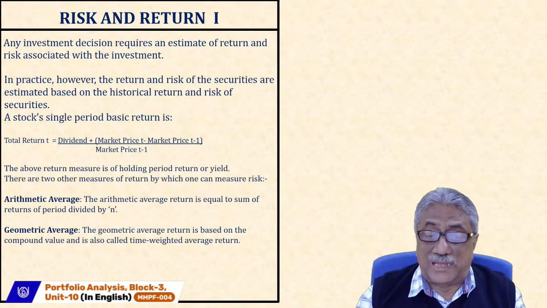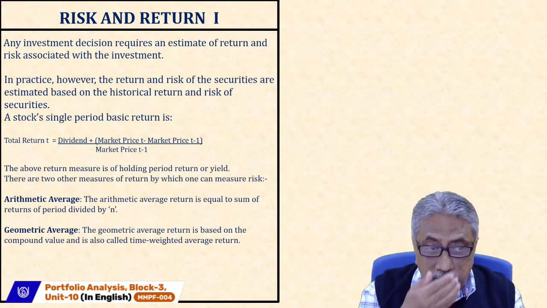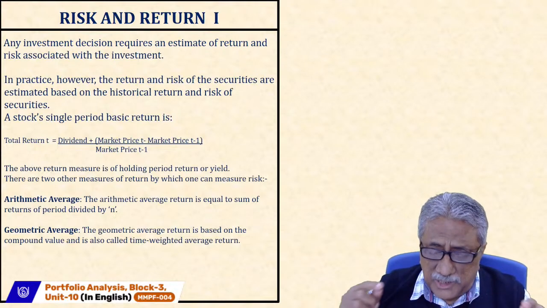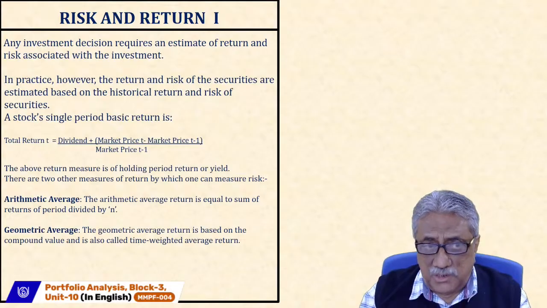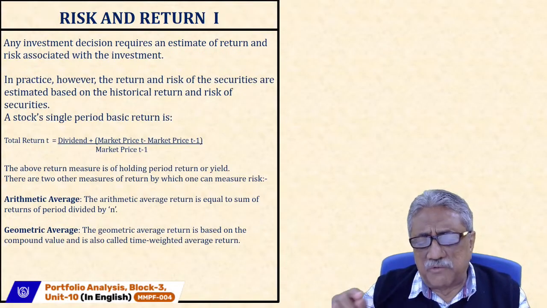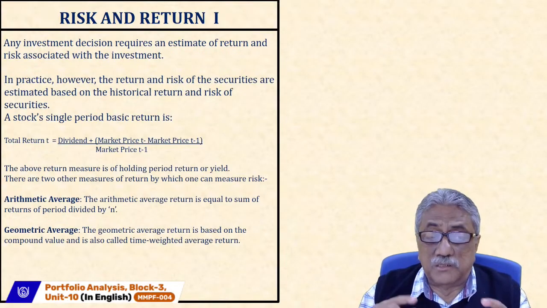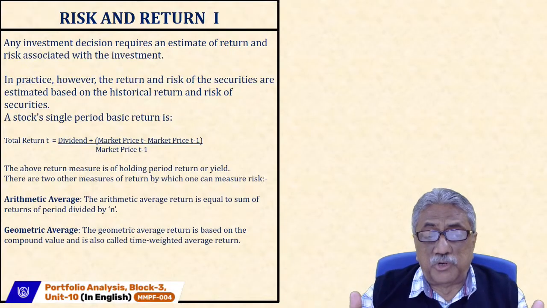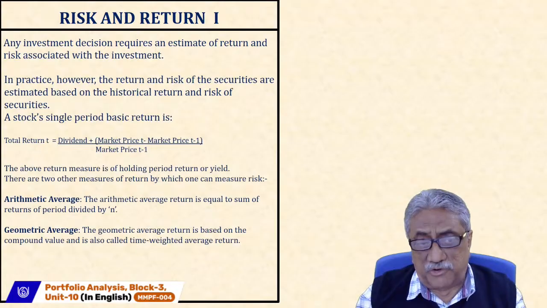It is also called time weighted average return. Earlier, I was just taking the average. But if there are negative and positive returns, the arithmetic average will show you a less return, but geometric may show you a different return.